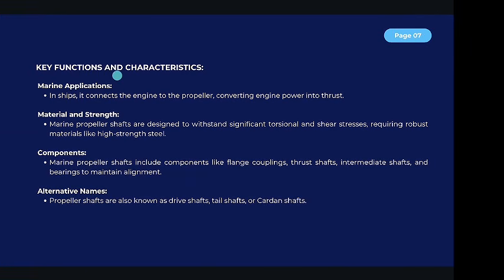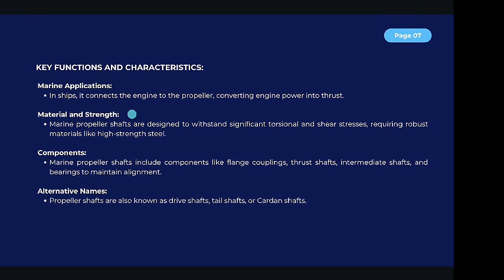So here, I have some key functions and characteristics. For marine applications, like in ships, it connects the engine to the propeller to convert the engine power into thrust. Okay? Marine propeller shafts are designed to withstand significant torsional and shear stresses, requiring robust material like high-strength steel.